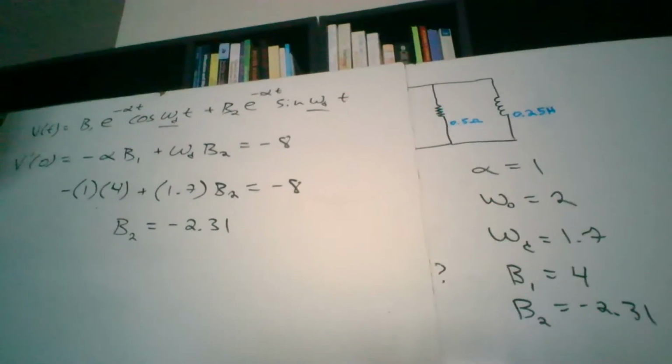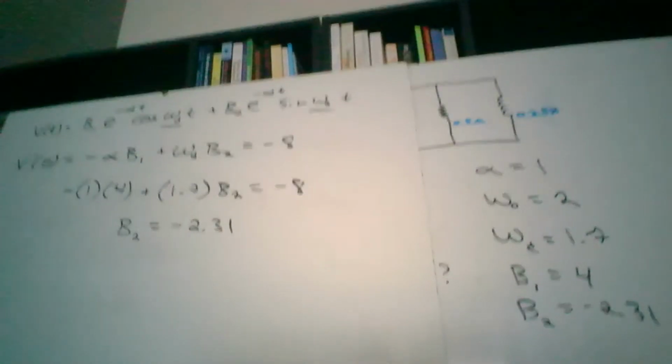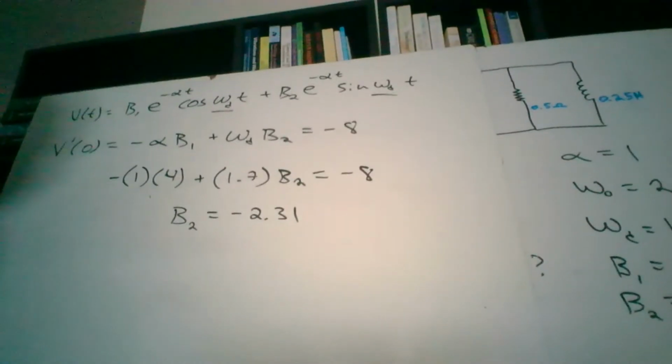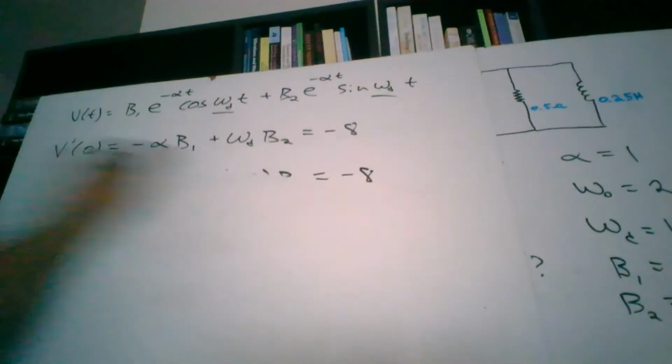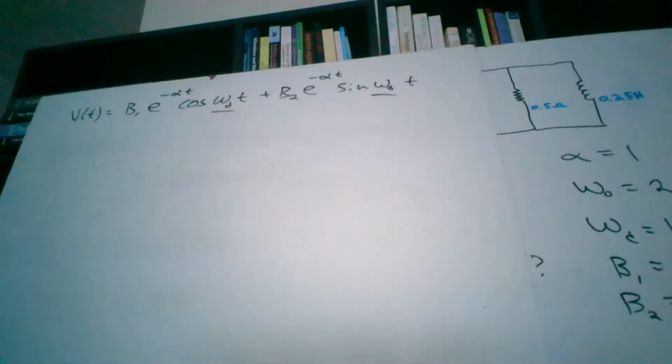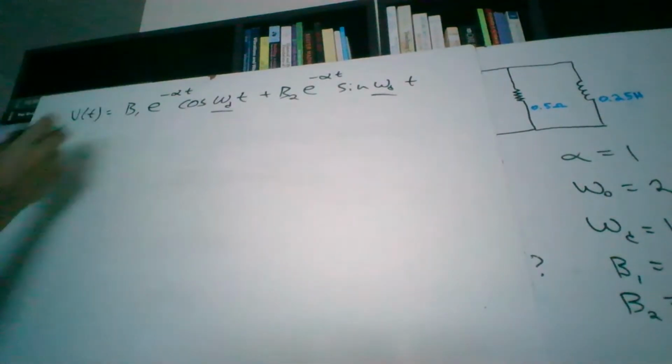All we got to do is plug in all of our variables back into our equation, and we have solved our differential equation with the values. So let's do that. We're just going to substitute everything in and we're done.